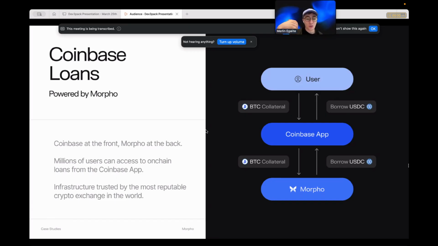You don't need to get the private key or the seed phrase and put it somewhere else in a secure way. You just need to scan your face to execute the transaction, which drastically improves the UX and the onboarding of users onto the DeFi space. So that's another thing.